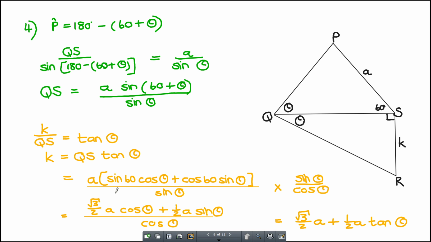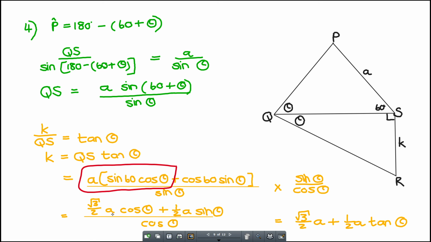Then it becomes sine 60 cos theta plus cos 60 sine theta. Everyone right there? Now the next step, all I did is I multiplied in the A and I changed the sine 60 and the cos 60 using my special triangles. So look at this first term, just that one. Sine 60 is square root 3 over 2.